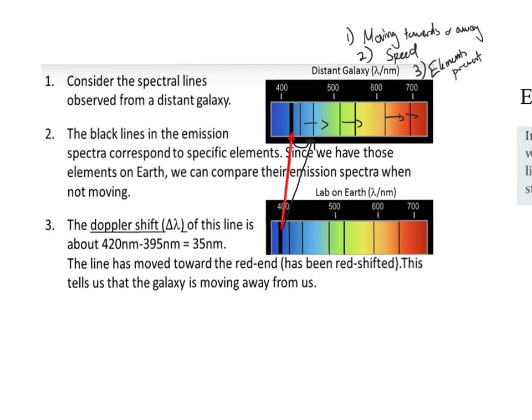Also, to remind you that when we are using this equation, the wavelength that we use here is the wavelength that we measure in the lab on Earth. So it will be wise to get this value, which is, I think, 420 says there. Sorry, the change between this value and this value, whatever this one is.